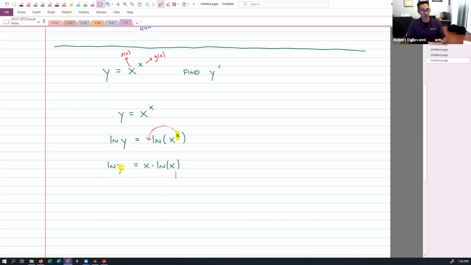It's natural log of y. So what we have to do at this point is implicit differentiation. What I mean by that is this. I'm going to take the derivative with respect to x on the left side, and then I'm going to take the derivative with respect to x on the right side.